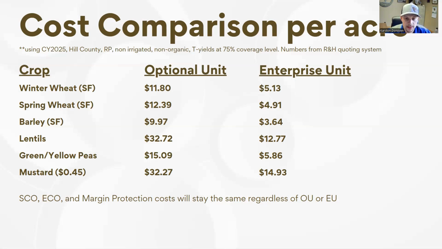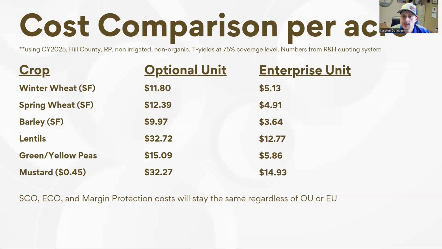So, like lentils, mustard, if you're using the 45-cent contract, those for an optional unit might be about $32 an acre to insure at 75% coverage level. Whereas if you went enterprise unit, it would only be $14.93. So that's a pretty significant saving.